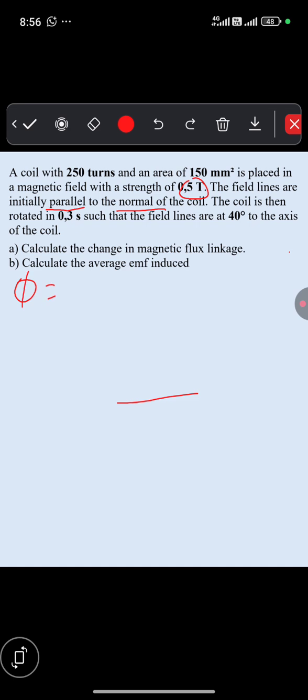We want the change in magnetic flux. If we read the question, the change in magnetic flux is equal to the final flux minus the initial flux. So I'm going to calculate the initial flux first.